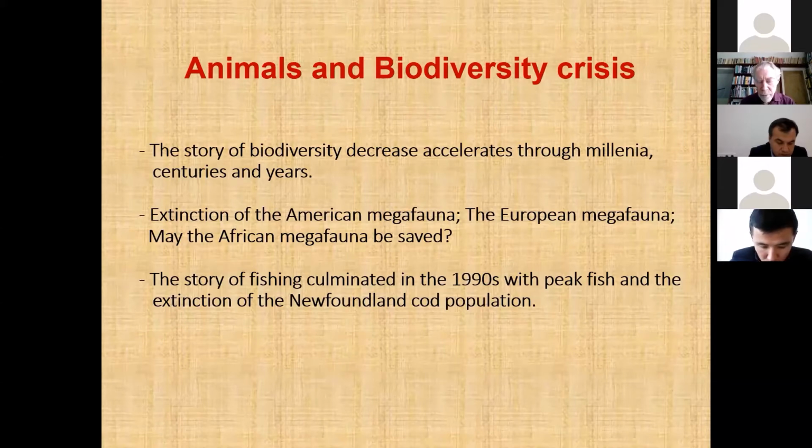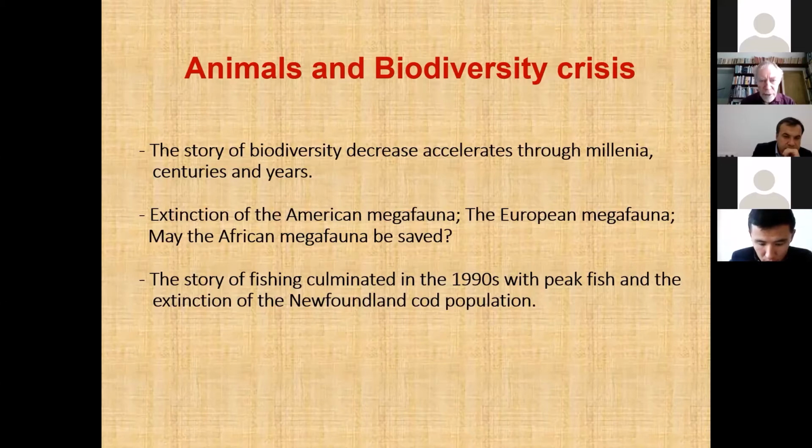And of course, one should remember that the American bison is still around, although it was very much threatened for a while. The European megafauna is practically gone. We have the African megafauna, with giraffes and lions and so forth. That is still possible to save. This is for the big animals.